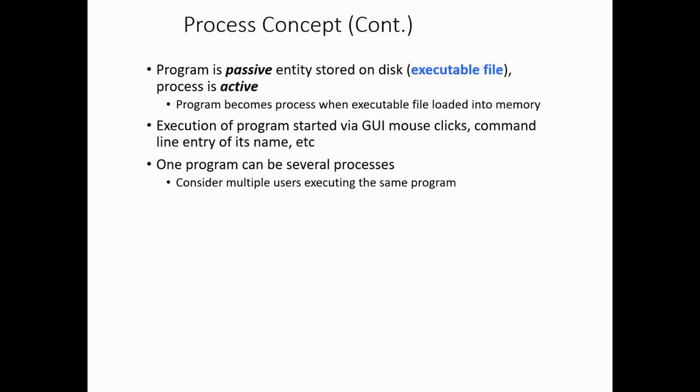Now let's talk about what a program is. We just saw in the last slide that a program is a set of instructions, and the program which is under execution, we term as a process. Am I right? Yes.